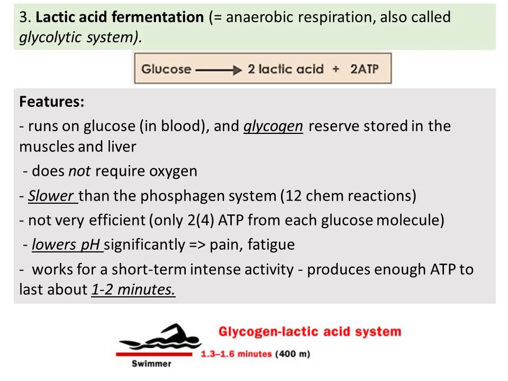Why do we need more glucose for fermentation than we do in aerobic respiration? How many ATP do we net in fermentation? 2. What do we net in aerobic respiration? 38. So if we're going to produce the same amount of energy, we're going to need roughly 16 times more glucose for fermentation than we would use through aerobic respiration.